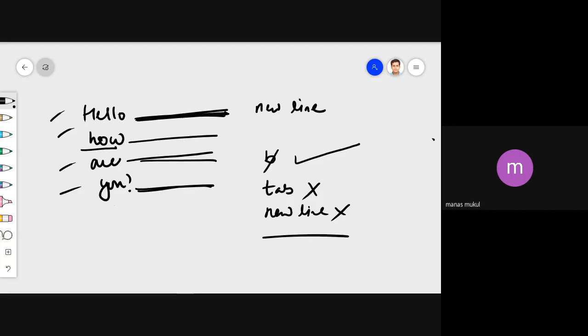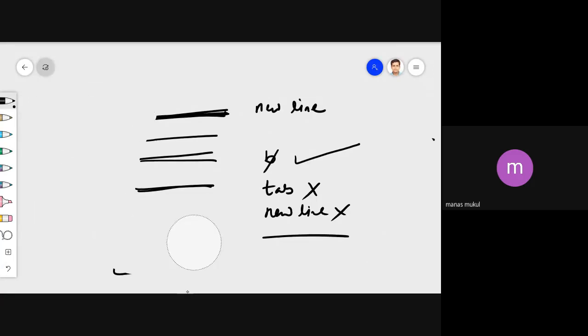There are also some languages which have a different format of spacing. Like for example, in English you write from left to right, but in Arabic you write from right to left, right? So there is a difference in the format in which you write also.